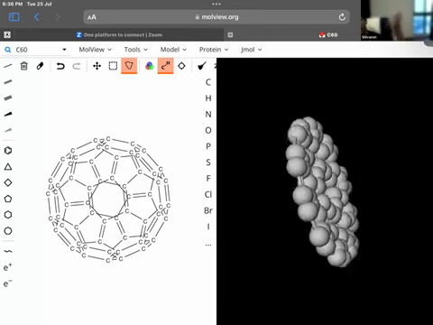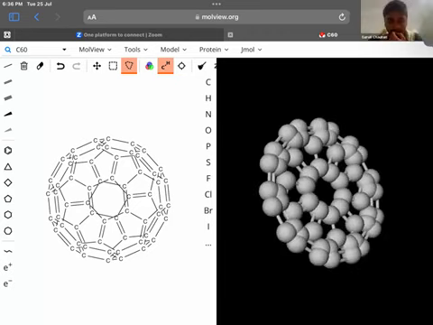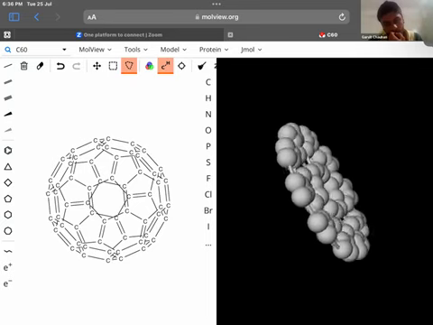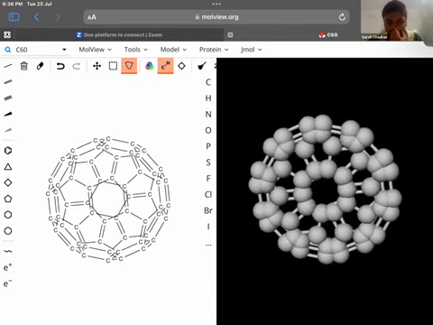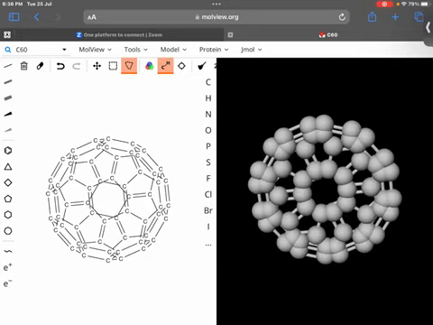Isn't this supposed to be like a sphere? Yes, exactly. Why is it a circle? It was a legit 60.